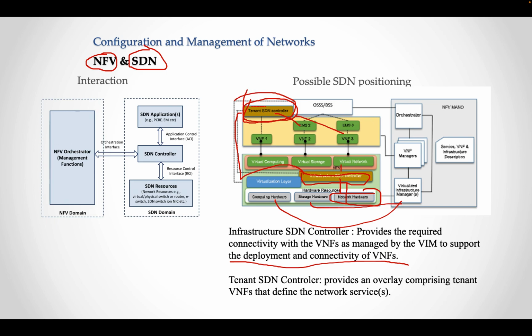This only deals with software things. This tenant SDN is a second layer, controlling virtual switches and virtual routers, while this one down here is controlling the real physical switches and hardware to provide this abstraction, and this one is controlling the virtual ones.